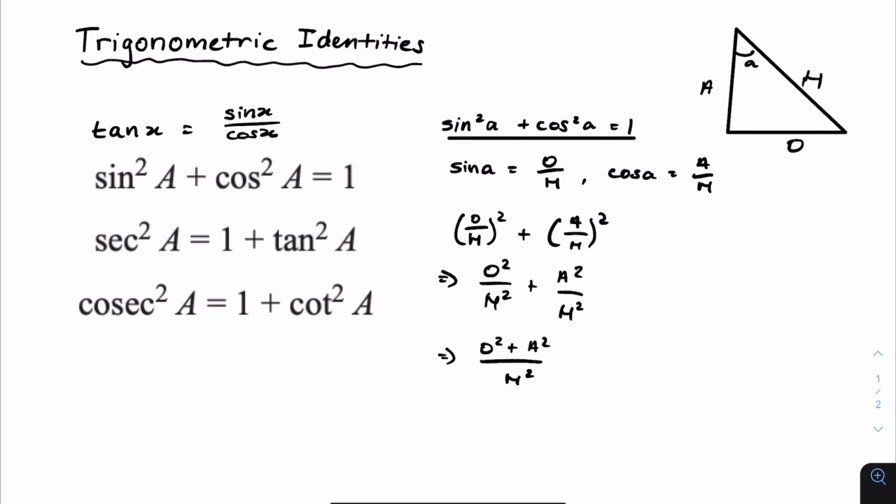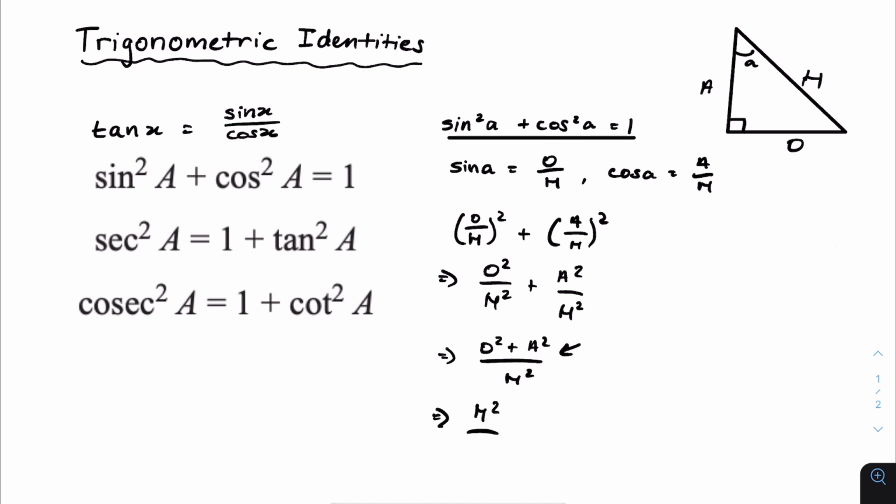And you may be wondering, how does that give us 1? Well, we need to get our good friend Pythagoras over here. So we know that with a right angle triangle, the two sides squared and added up will equal the hypotenuse squared. In this case, a right angle, which is over here, this side length squared plus this side length squared will give us the hypotenuse squared, which means that O squared plus a squared is indeed h squared.